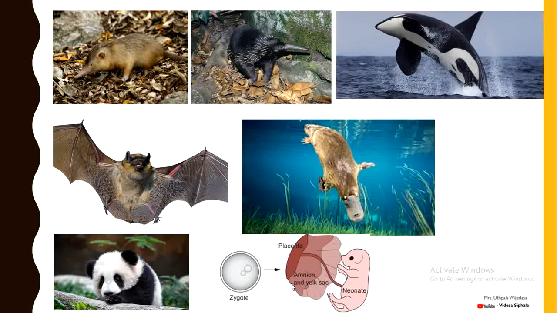We call them mammals because the young ones are fed upon mother's milk. And these possess earlobes. External earlobes are there. There are different habitats for mammals, including terrestrial, aquatic, and arboreal environments. Their bodies are covered with fur or hair, and these hair are present inside hair follicles, and they possess mammary glands, sweat glands, and sebaceous glands.